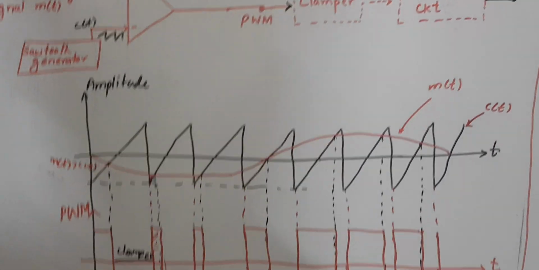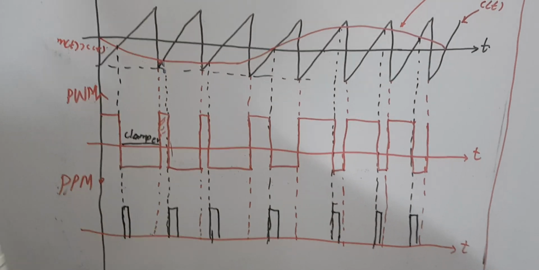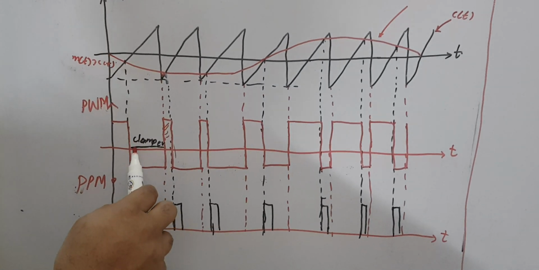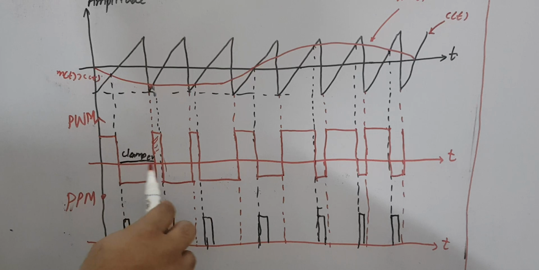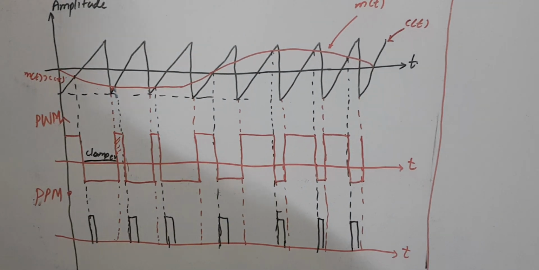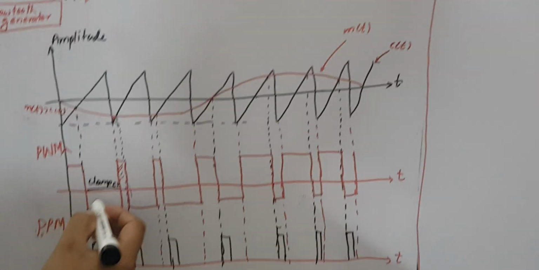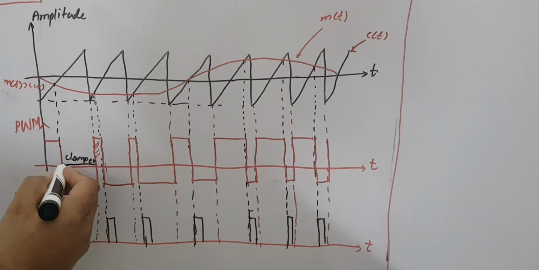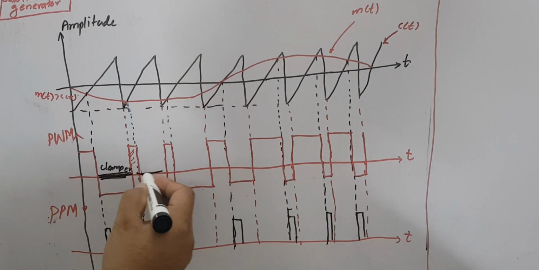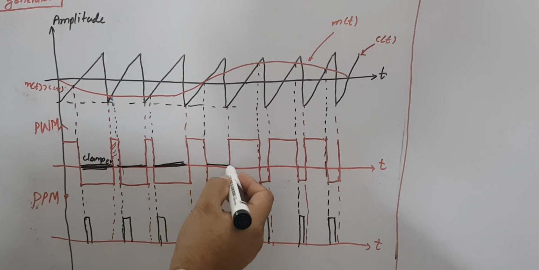Here you can see we have a positive waveform and a negative waveform, but we can have only the positive waveform and the zero waveform if we use a clamper circuit at the output. It will clamp out the negative portion, and then you have only zero and positive.